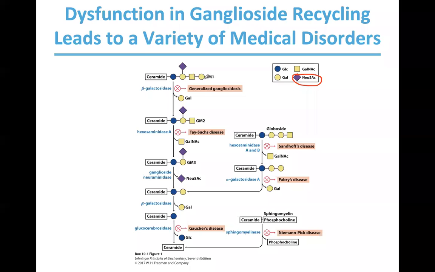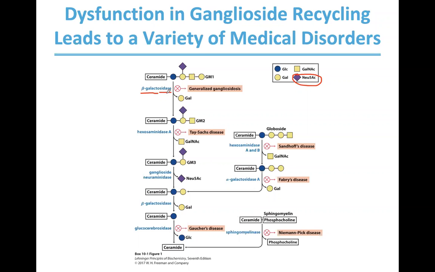And you can see, for example, this galactosidase. Remember, the suffix -ase means it cleaves something, and the prefix beta-galactose means it cleaves beta galactose residues. So if this terminal sugar is galactose attached to the rest of the oligosaccharide through a beta linkage, the enzyme that cleaves this is known as beta galactosidase.